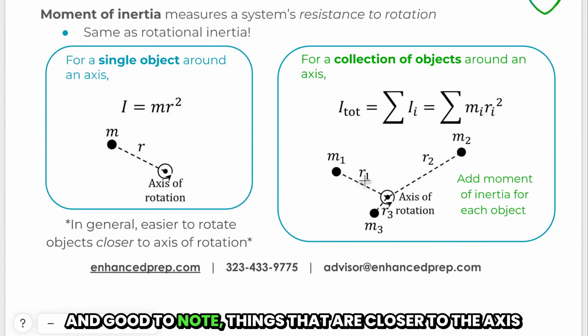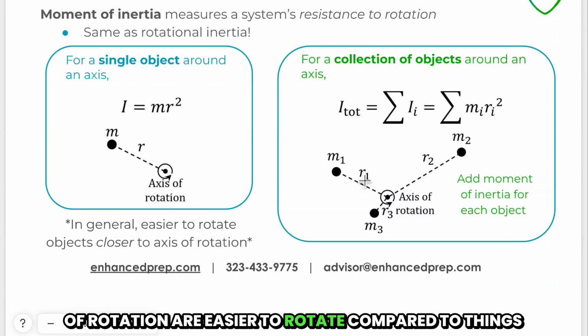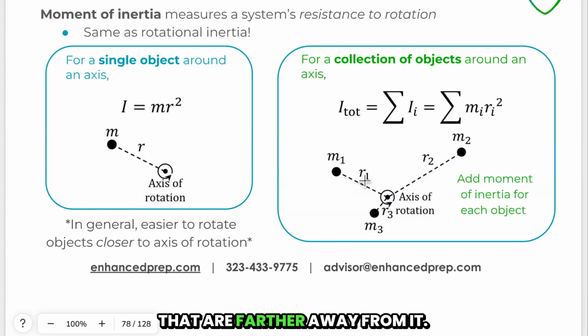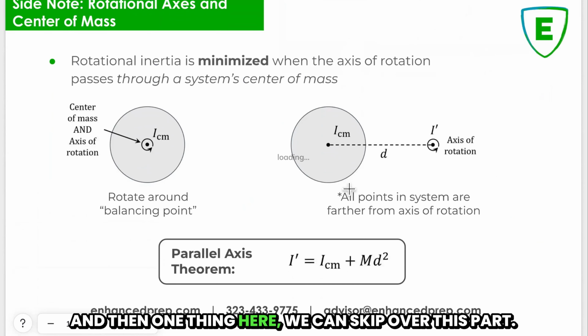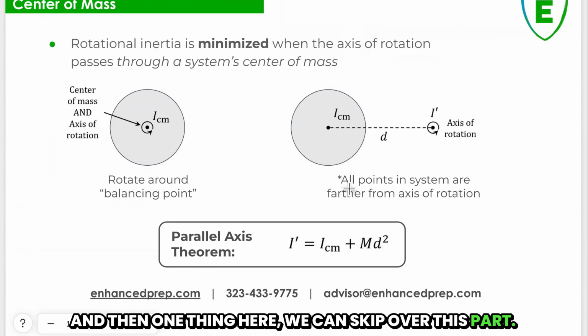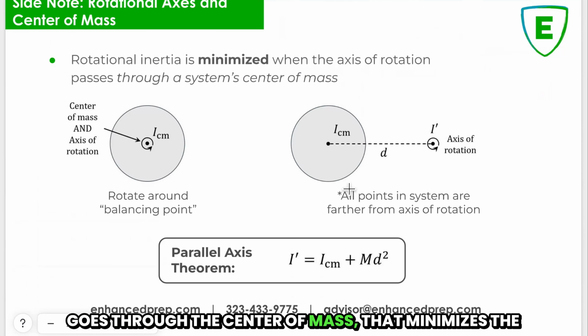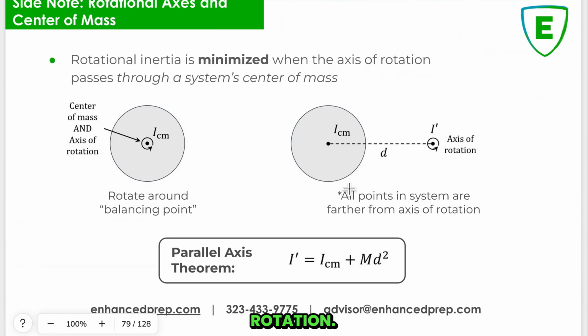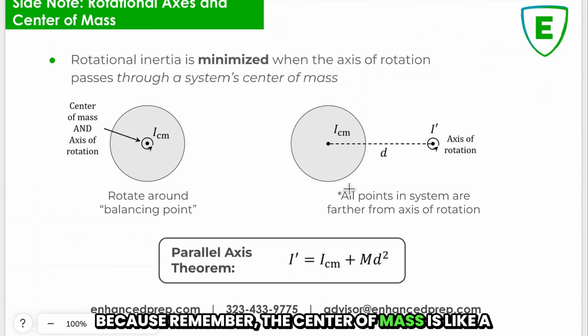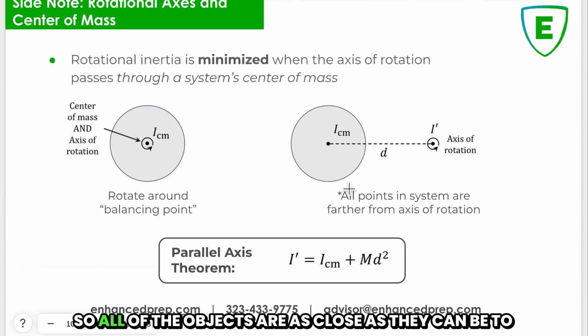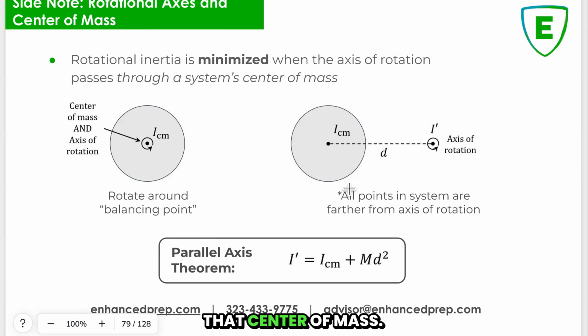And good to note, things that are closer to the axis of rotation are easier to rotate compared to things that are farther away from it. And then one thing here, we can skip over this part. Typically, if the axis of rotation is the same or goes through the center of mass, that minimizes the rotational inertia. Because remember, the center of mass is like a balancing point. So all of the objects are as close as they can be to that center of mass.